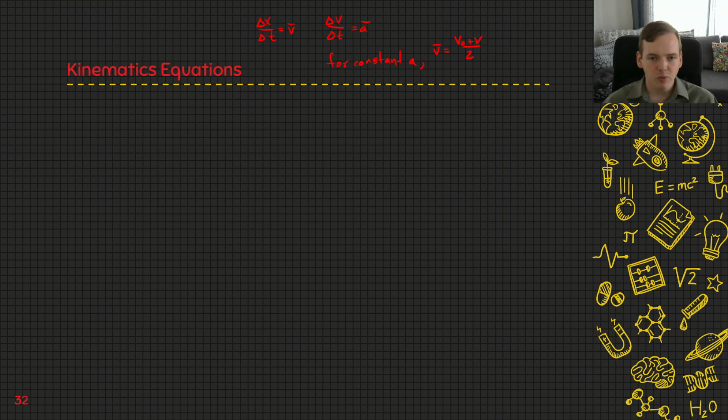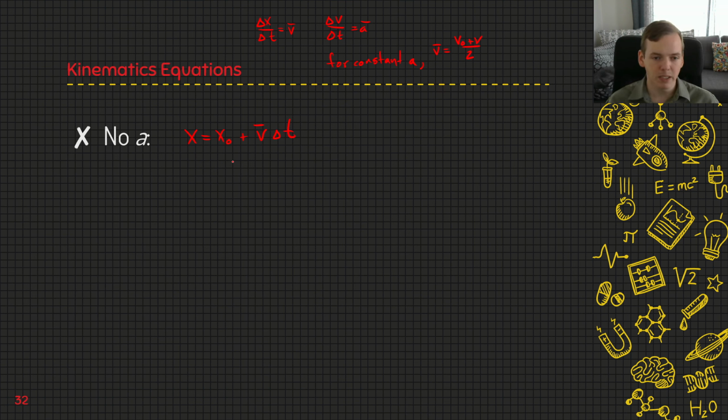Now, taking those three equations that we have up there, we can do all sorts of rearrangements and combining, and that ends up giving us 4 key kinematics equations that we're going to use. These are the main ones we use going forward. The first one deals with 3 of the quantities and not acceleration. This is x equals x naught plus v bar delta t.